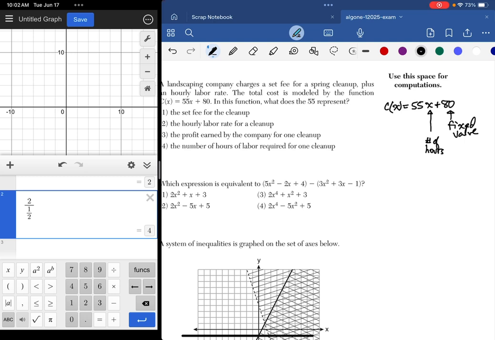So that's the one thing that would vary. If you're dealing with an hourly labor rate, which is what that 55 would be, then the unit of measure for x would have to be hours. So these two things need to be consistent, right?